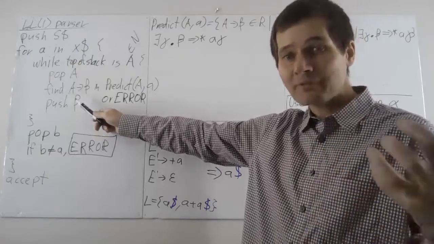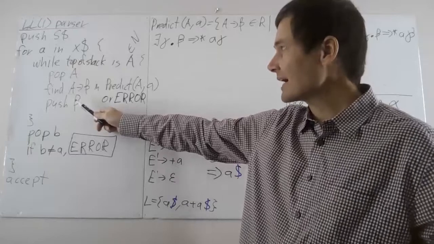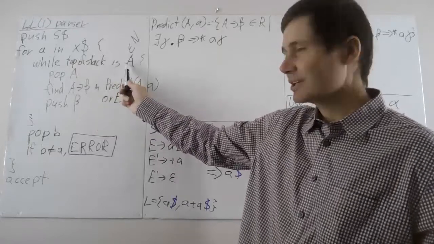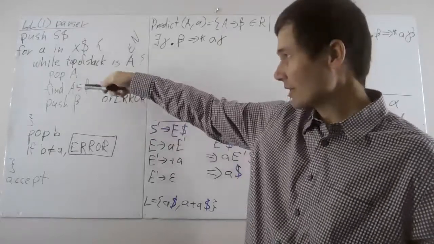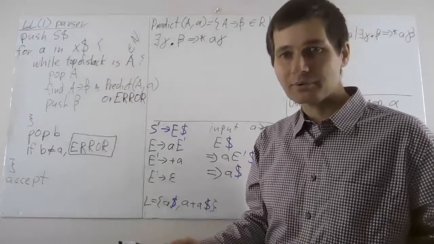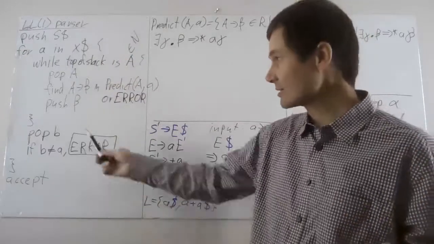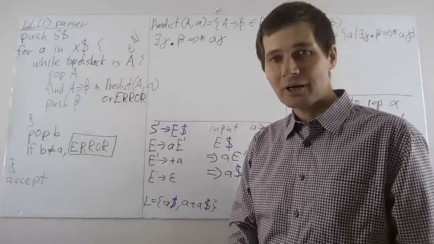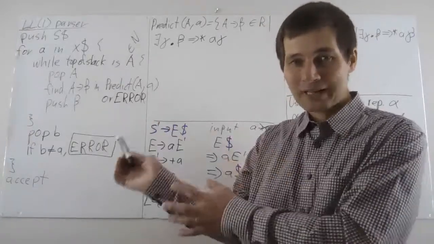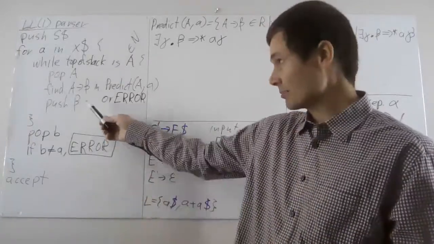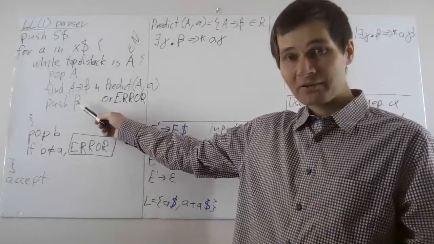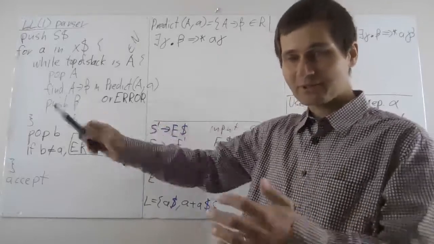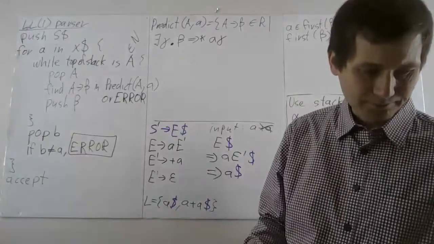Well, it'll be whatever was on top of the stack, below the big A, before I started running this loop. So that's a special case. When beta is empty, what ends up on the top of the stack is not something derived from beta, because beta is empty, but whatever was on the stack before.